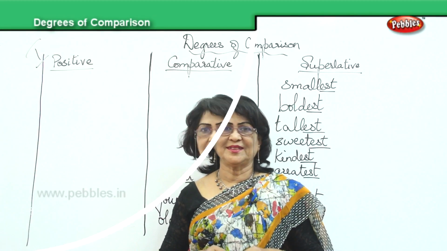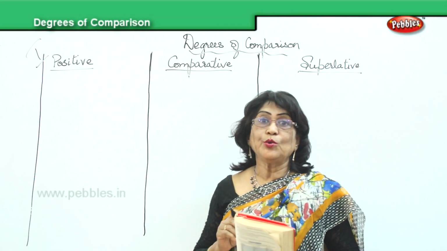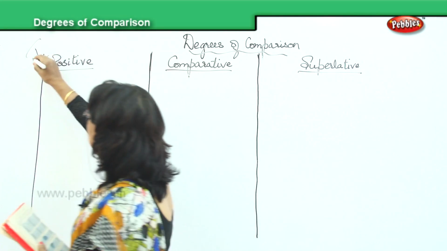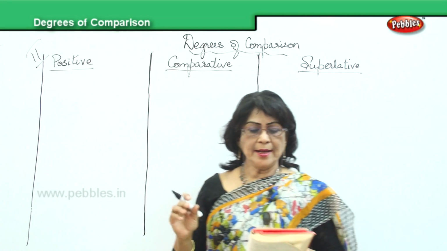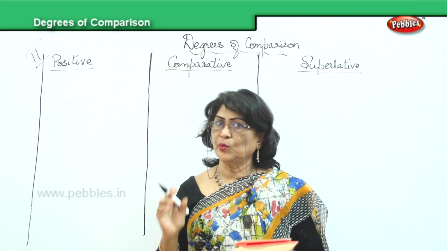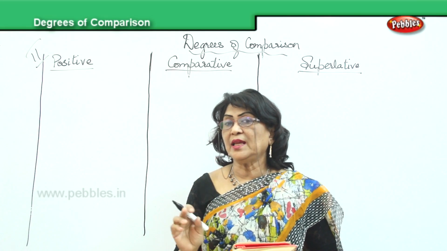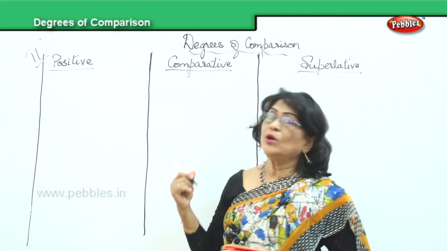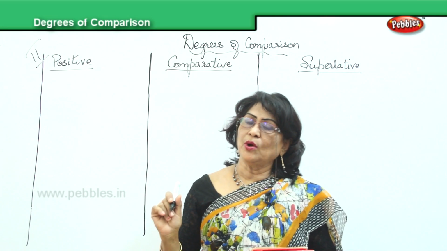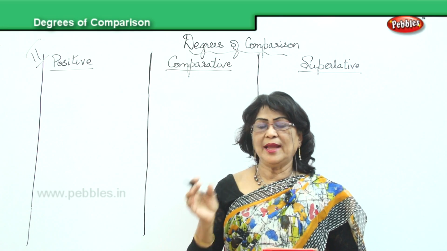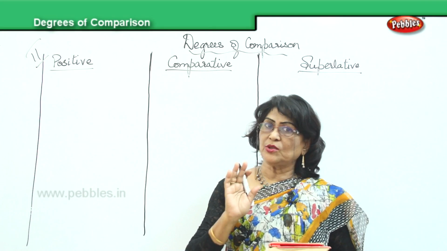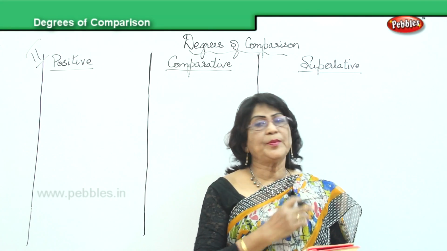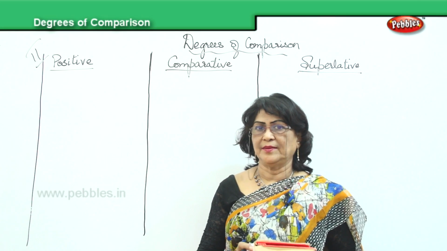Just remember this. Okay, now we are going to do rule number 2. Rule number 2 is when a single syllabled word ends in E. Now, earlier we saw words ending in a consonant. Now, when a word ends in E, the comparative degree takes only R and superlative takes only ST. Okay?